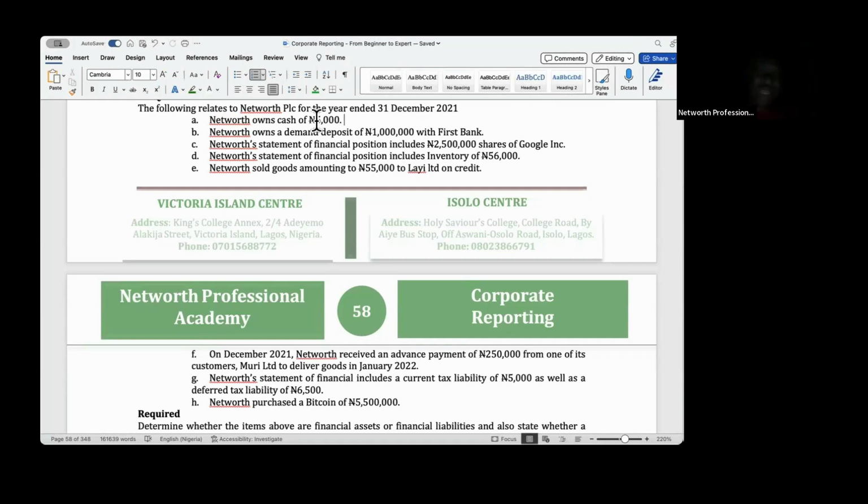So let me start with Zainab, because your name is showing first here. If you're in a noisy area, you can just type your answer so that it will not be distracting for us. But if you can talk, just talk.